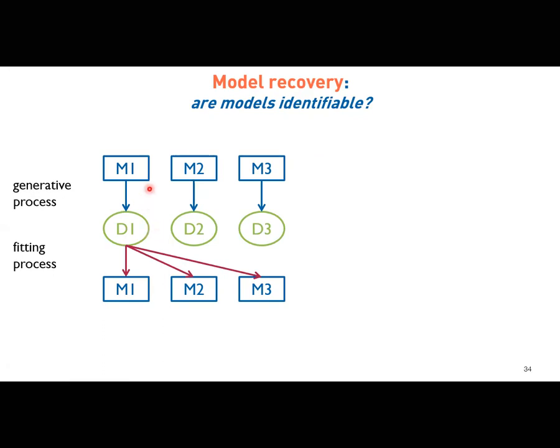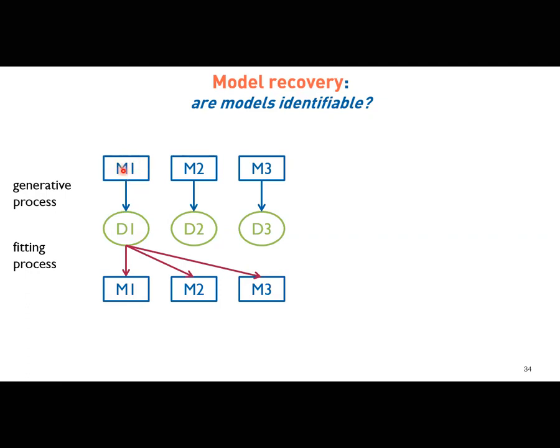So let me repeat. I use model 1 to generate a data set, D1, and I feed models 1, 2, and 3 to data 1. And then I can do model comparison. Ideally, you would imagine that model 1 will be the winning model relative to model 2 and model 3. Why is that?